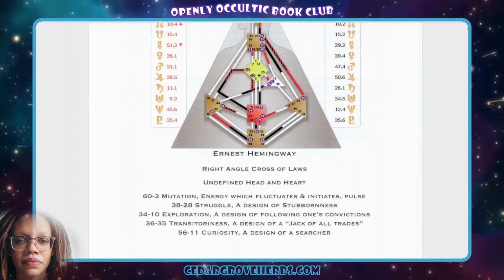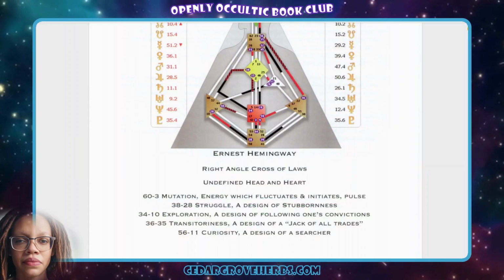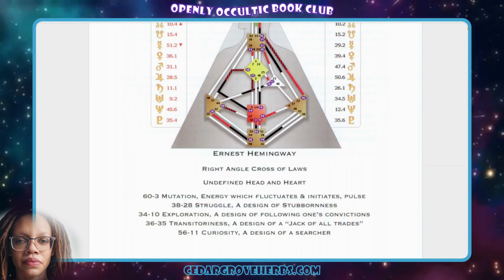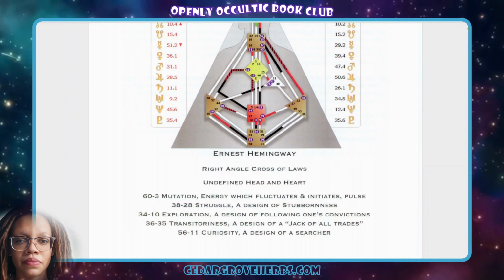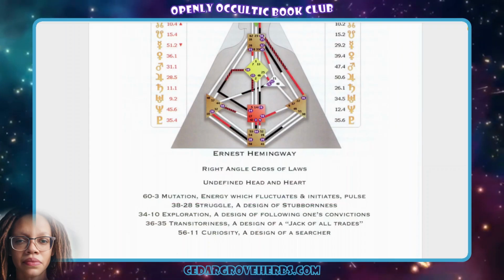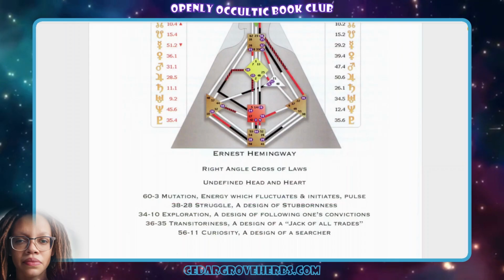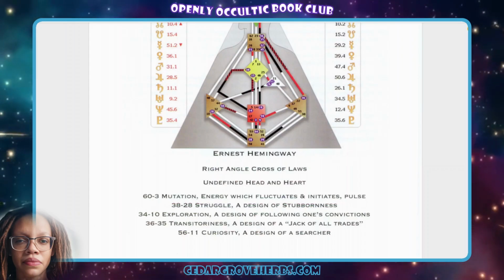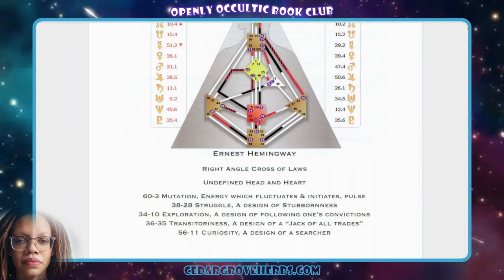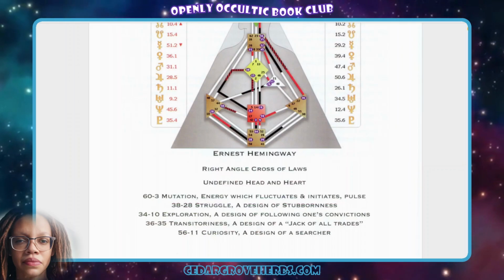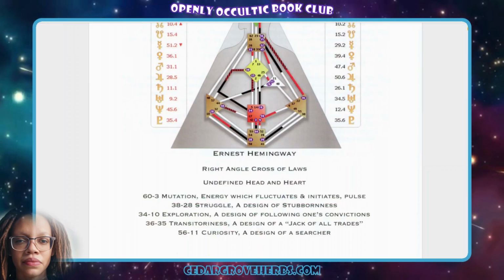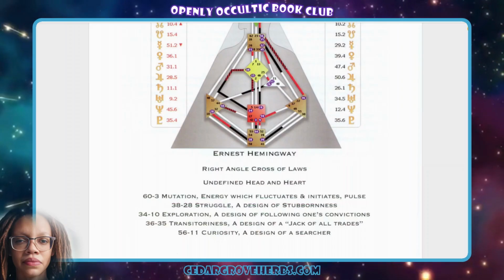The 63 channel of mutation, which is energy which fluctuates and initiates like a pulse. 38-28, struggle, a design of stubbornness. 34-10, exploration, a design of following one's convictions. 36-35, transitoriness, a design of a jack of all trades. And 56-11, curiosity, a design of the searcher.